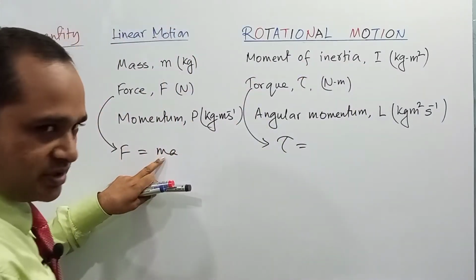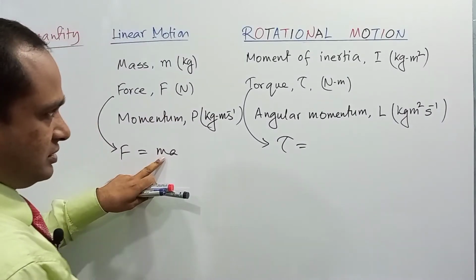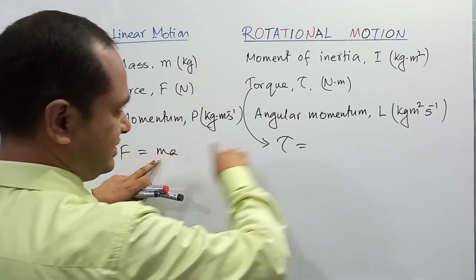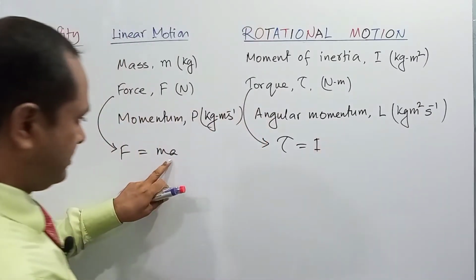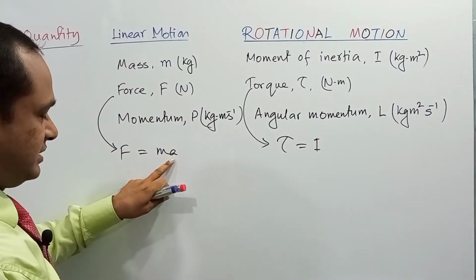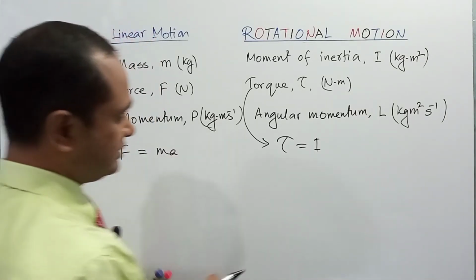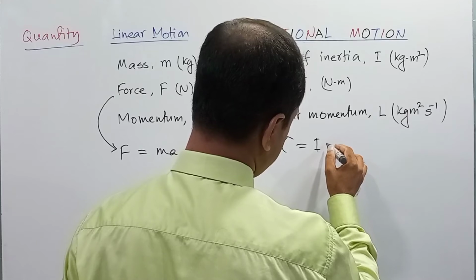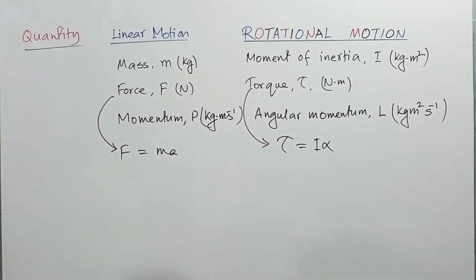Since it is for rotational motion, m will be replaced by its analogous quantity I. So tau is equal to I multiplied by alpha, where a is linear acceleration, and in case of rotational motion the angular acceleration will be alpha. So tau will be I alpha.